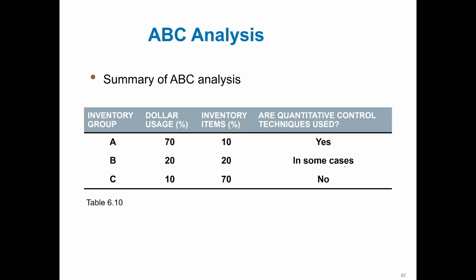In some cases we can use that. And for group C, the dollar value is very small, and the inventory items are large, maybe 70%, and there is no need to spend time and effort on controlling this inventory.